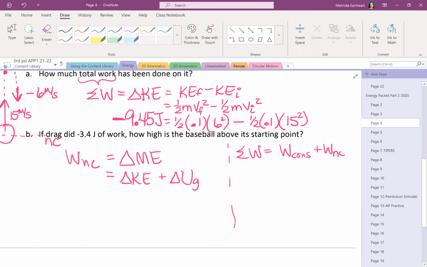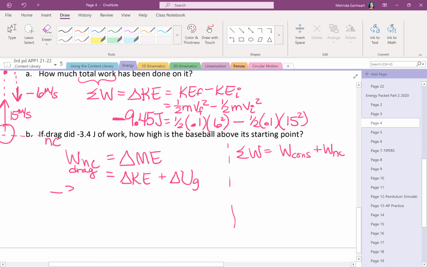And I didn't draw a force diagram, but the only things working on it is gravity, which is going to be taken care of in the potential energy. The only non-conservative is going to be that drag. And so here's our drag piece.